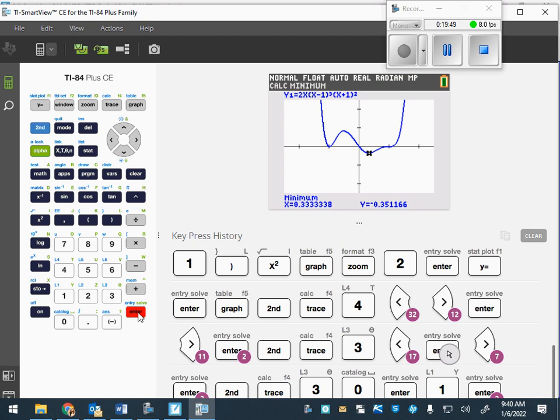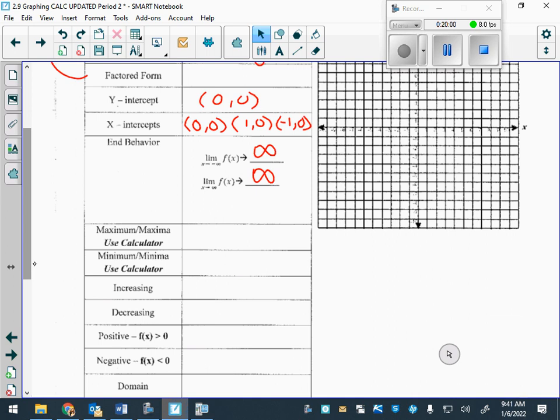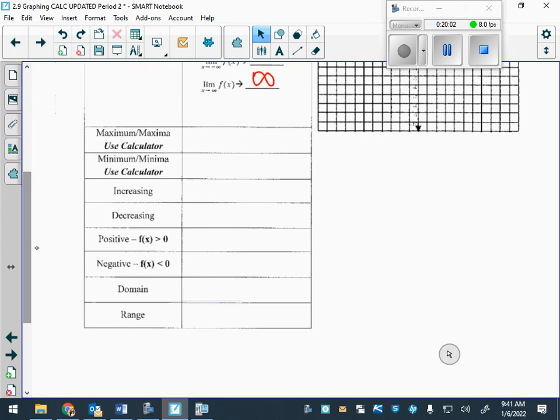Okay, the other minimum is 0.33 and -0.35. Okay, so those are pieces of information you need in order to find increasing and decreasing.